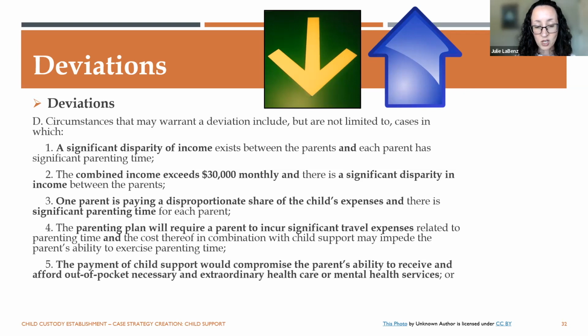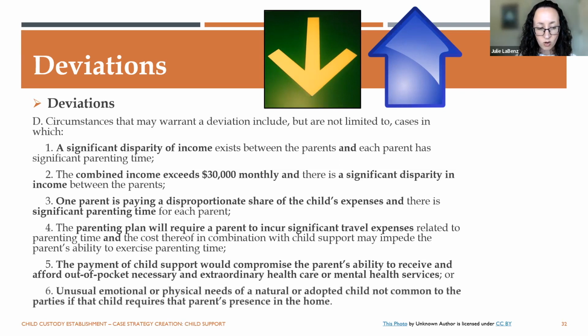The payment of child support would compromise the parent's ability to receive and afford out-of-pocket necessary and extraordinary health or mental health services, or unusual emotional or physical needs of a natural or adopted child not common to the parties, if that child requires that parent's presence in the home. So these are circumstances that may warrant a deviation.